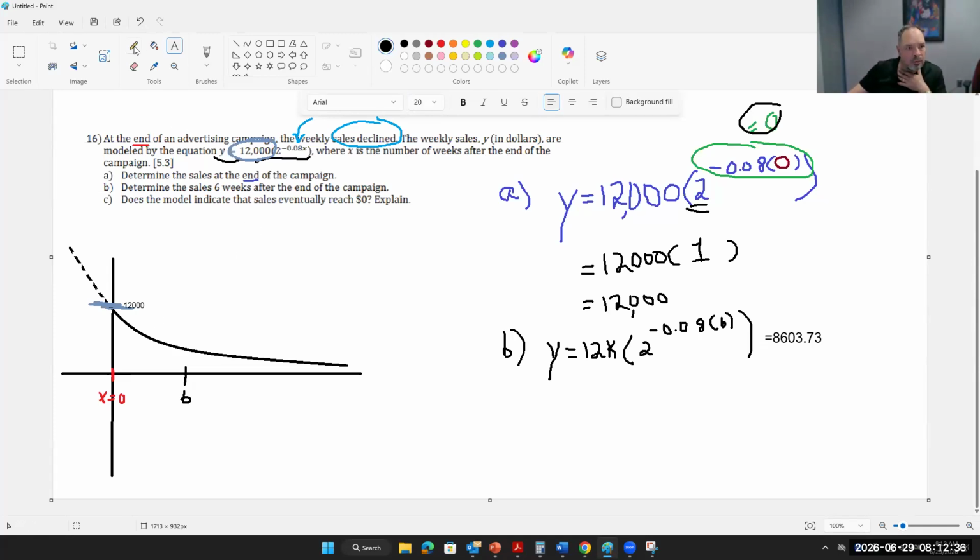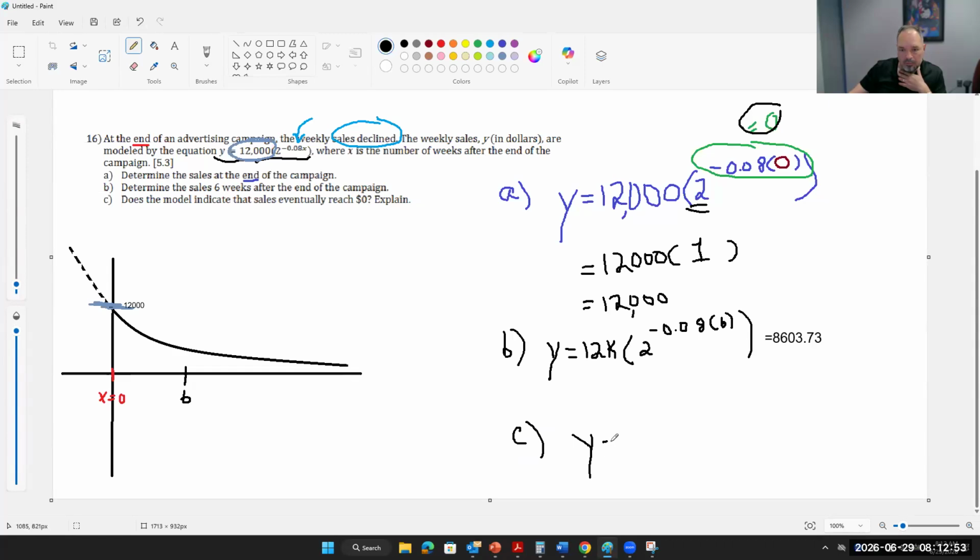And if you understand these functions, you know that no matter what we plug in for our variable, I know we see a negative here, but this will always be a positive number.